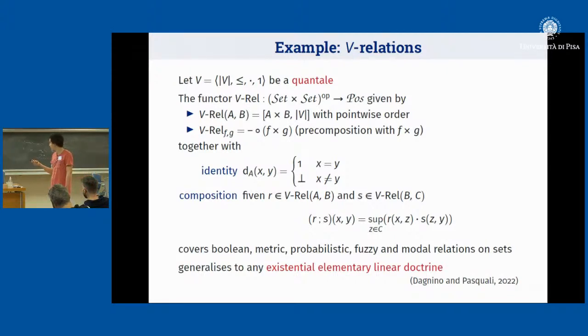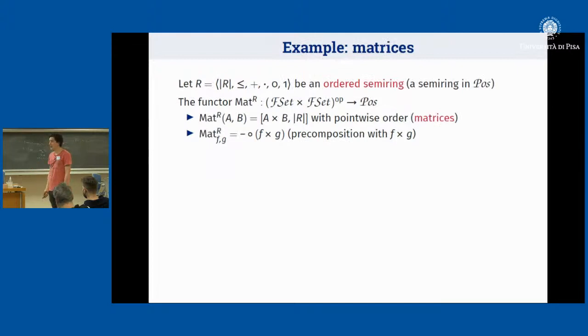Okay, so here we have another example, which are matrices. If we take an ordered semiring, we can consider the category of finite sets with all their functions. And the doctrine is similar to the previous one. So relations from A to B are maps from the product to the underlying set of the semiring with the pointwise order and precomposition as reindexing.